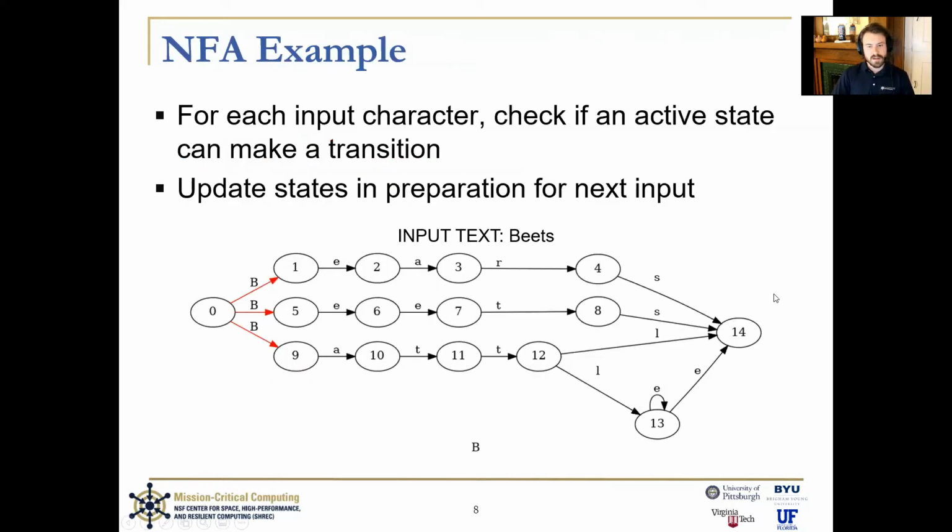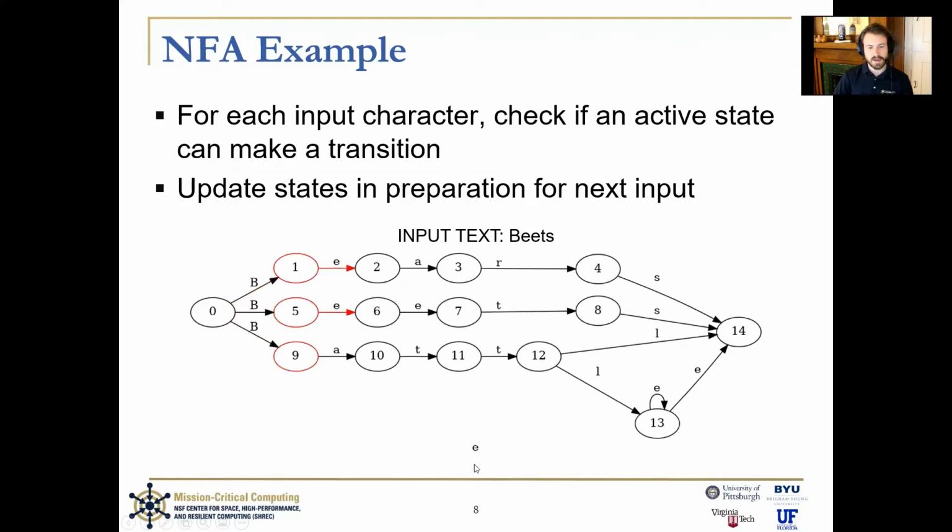Now we'll take a closer look at an NFA search algorithm, as it's pretty integral to the following work. As you can see, here's the same NFA representing the regex on the previous page. The input text shown at the bottom here starts with a capital B, which transitions activating these initial states here, now in red.